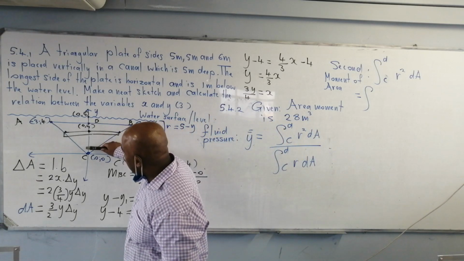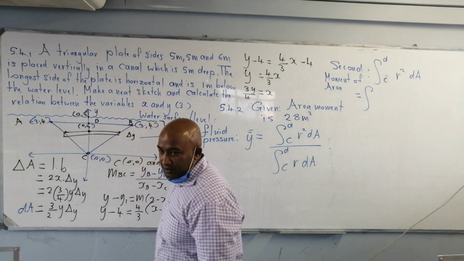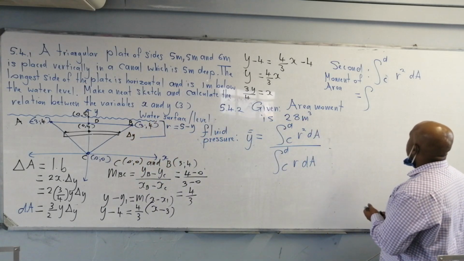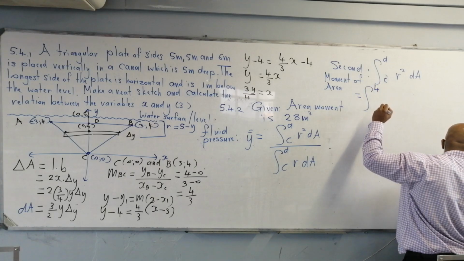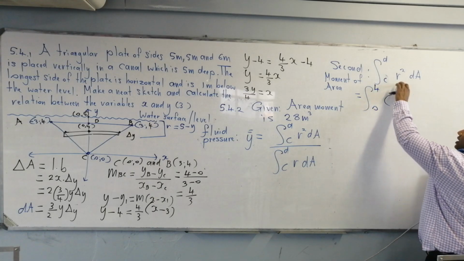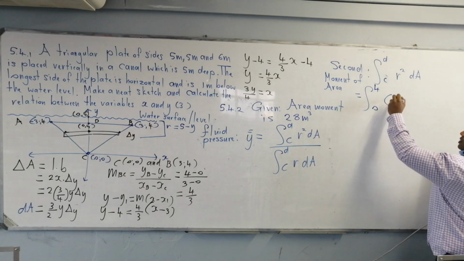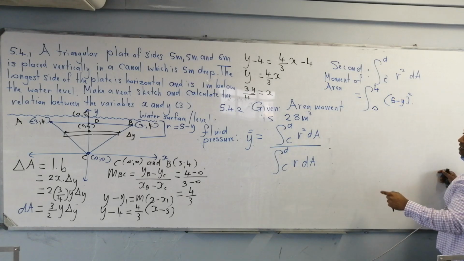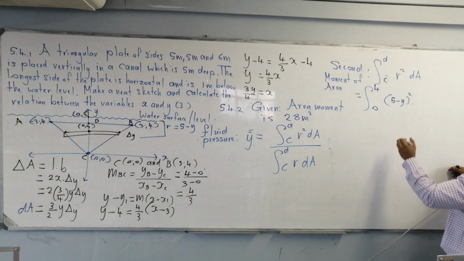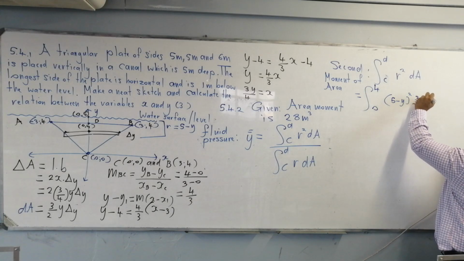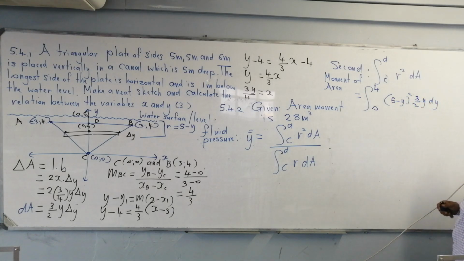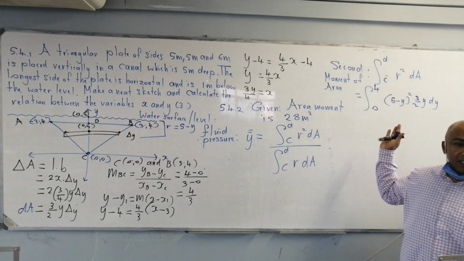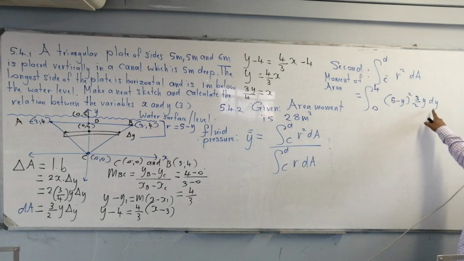From 4 down to 0. So we're going to go 4 to 0. And what is R? R is equal to 5 minus y all squared. What is dA? dA is 3 over 2 y times dy. Okay, delta y, dy. We're integrating with respect to y.